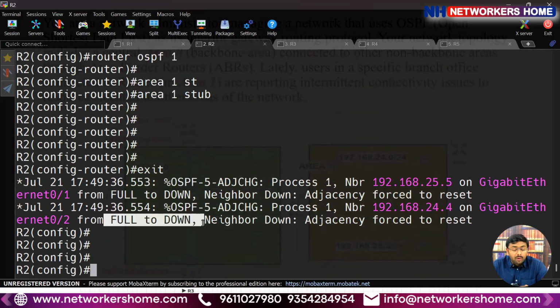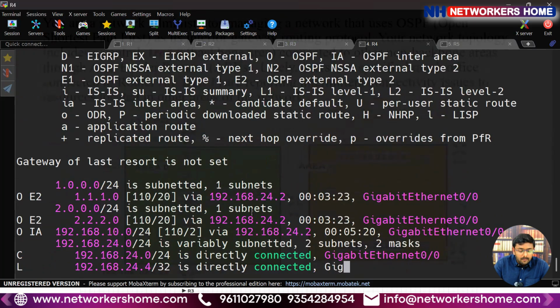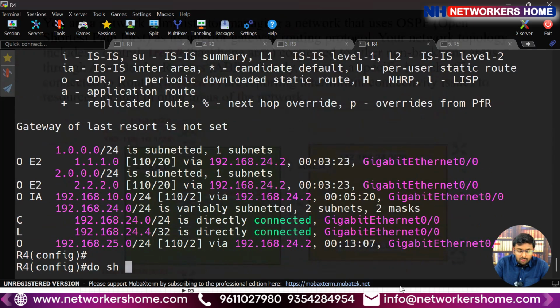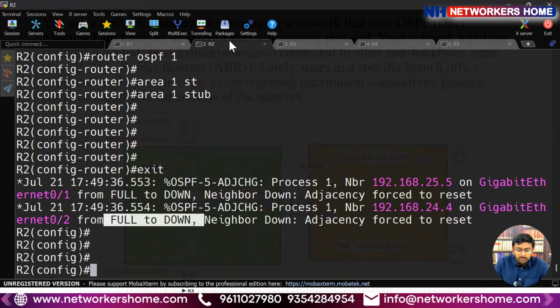it will filter them down. And even if you check on router 4, do show ip route. It will take time and it will remove this information.